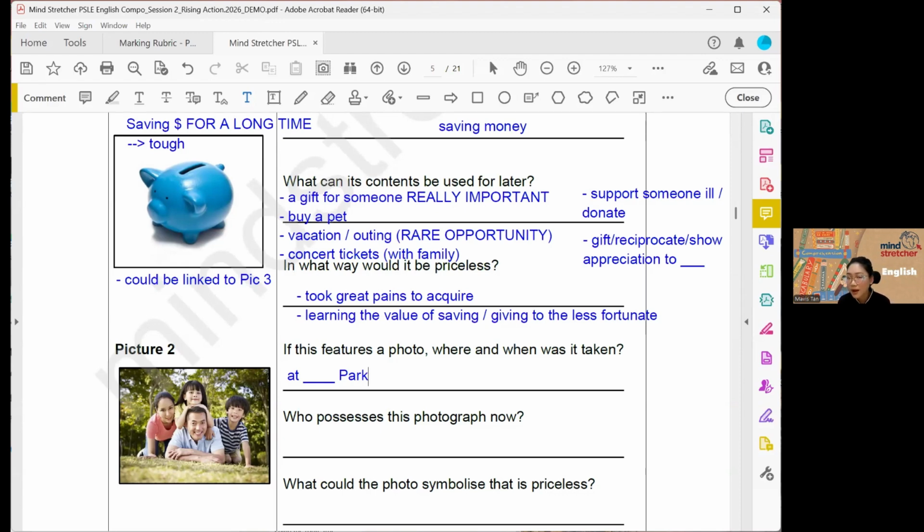Don't just say at the park. It's the same when you're writing about your best friend. Please do not write my best friend, my best friend, my best friend from introduction to conclusion. I still don't know what's the name of your best friend. Or the bully, the bully. I don't know what's the name of the bully. So make sure you name these key places, key characters.